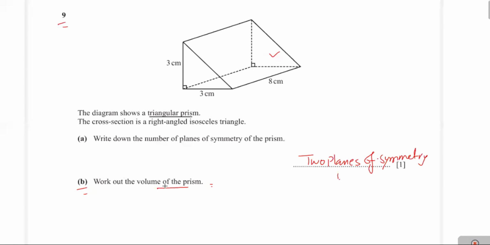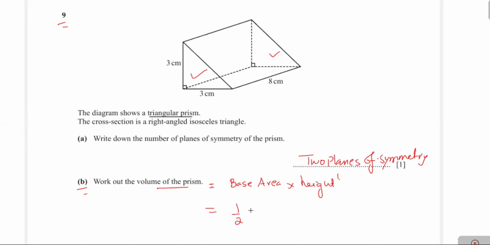Question 9, part B, work out the volume of the prism. The volume of a prism is equal to base area multiplied by the distance between the two base areas, and we name it as height. Base area into height. You see here, the base of this prism is a right angle isosceles triangle.